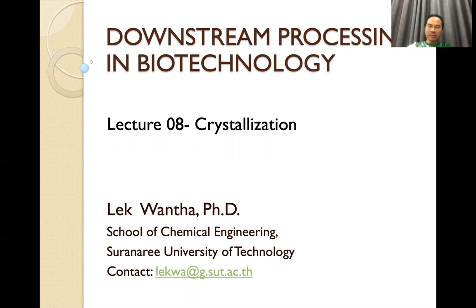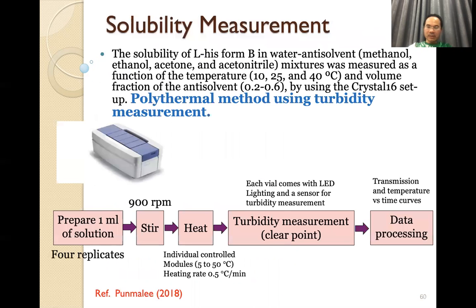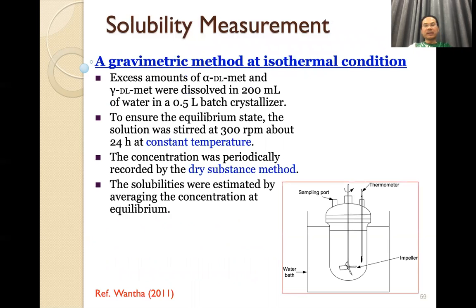And before we focus on crystallization kinetics, we have to talk about solubility measurement. The solubility is a very important parameter, because if we would like to generate or create supersaturation, we have to know the solubility first.